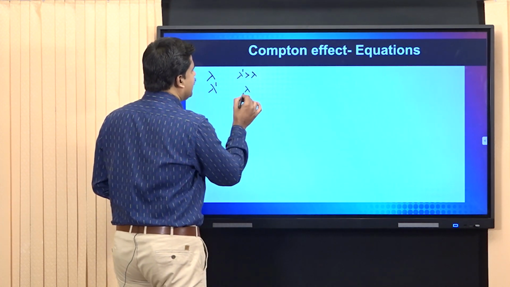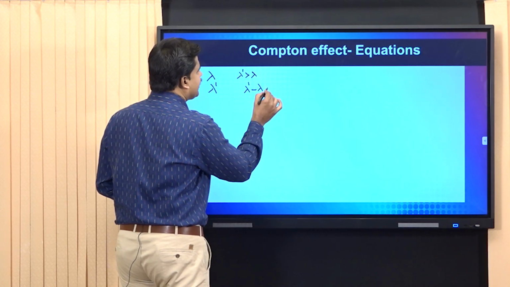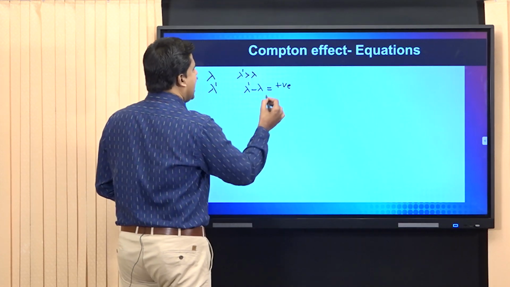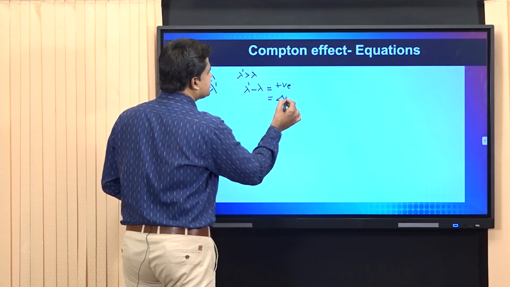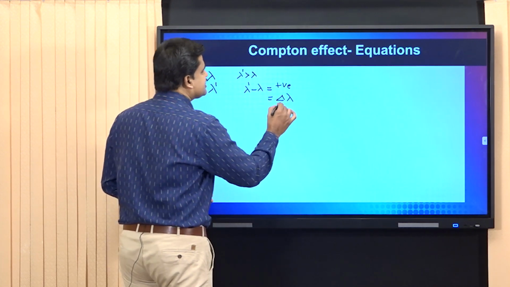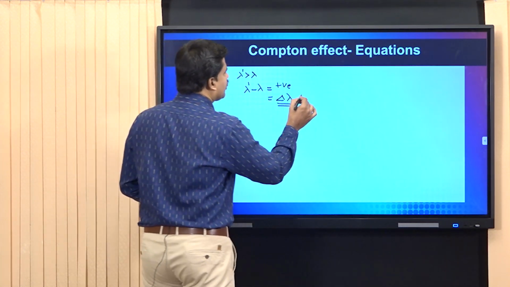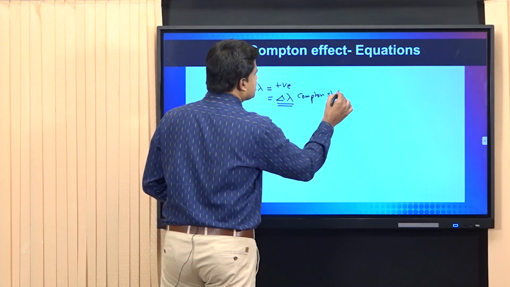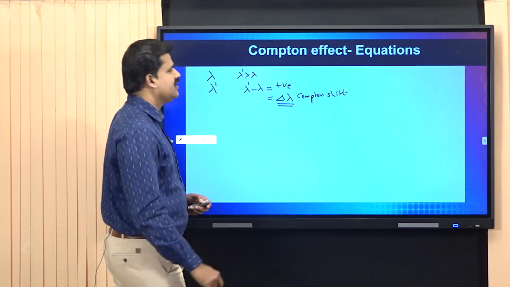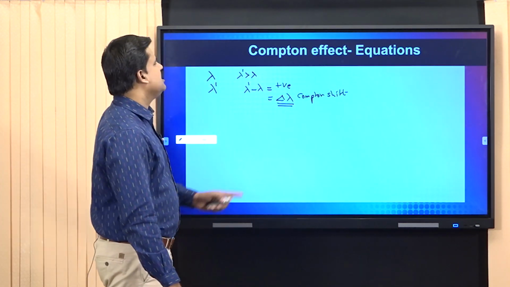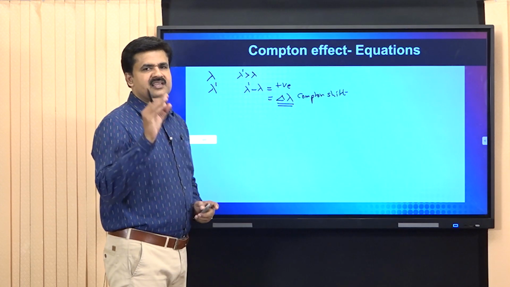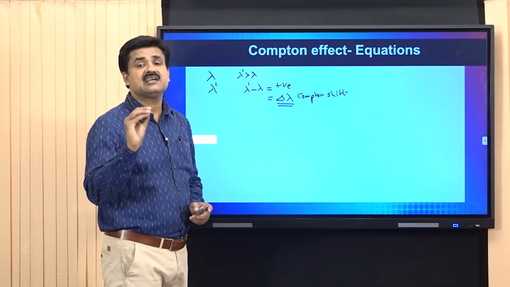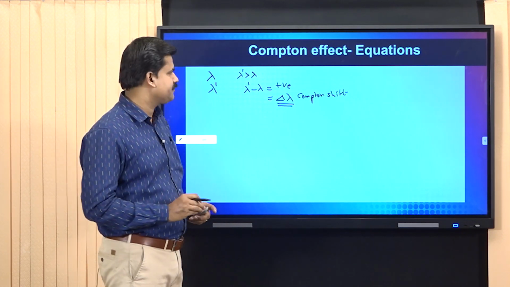So lambda dash minus lambda will be a positive quantity, and this quantity is marked as delta lambda, known as the Compton shift. It should be noted that the Compton shift is related to the scattering angle theta of the scattered X-rays.